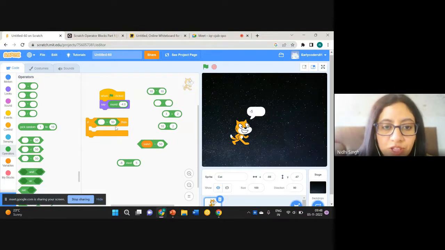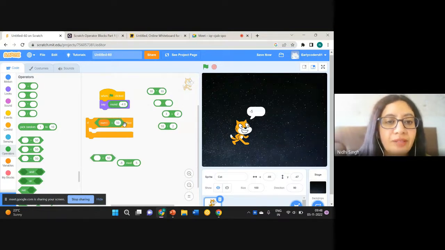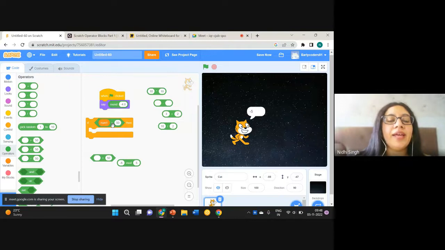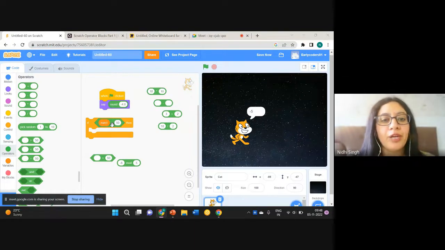So it will check if your number has value 50, then whatever is there inside those command blocks will be executed. So equal to will act as an assignment operator because we use it to assign one value to a variable. Clear? What do we call this equal to? This equal to acts as an assignment operator.